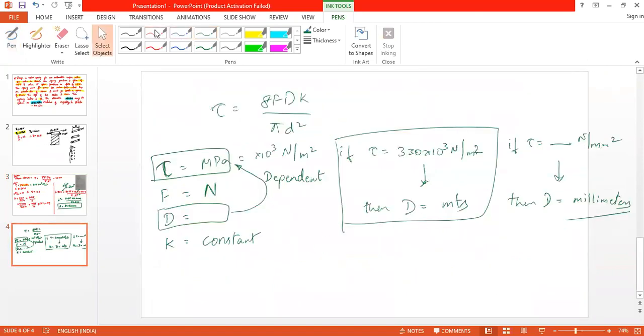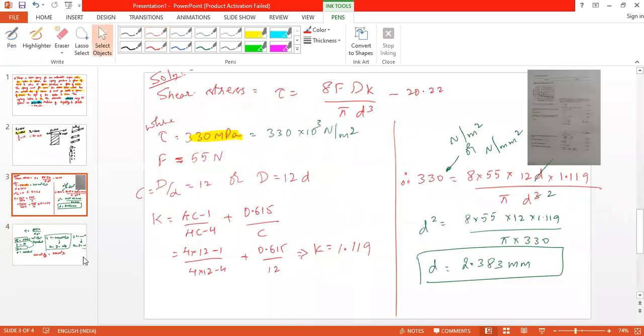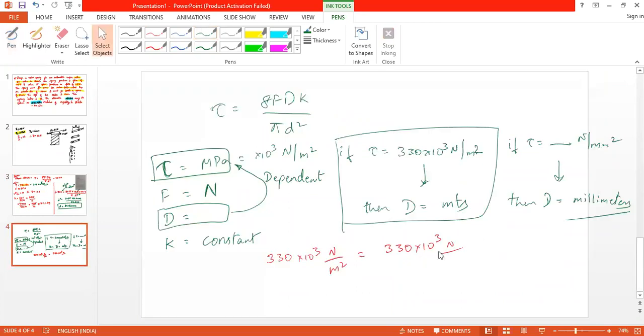See, this 330 is 330 megapascal, so it is into 10 power 6. 330 into 10 power 6 Newton per meter square.